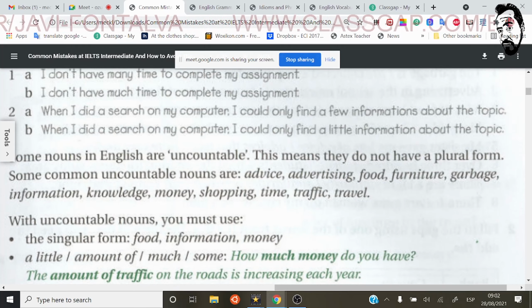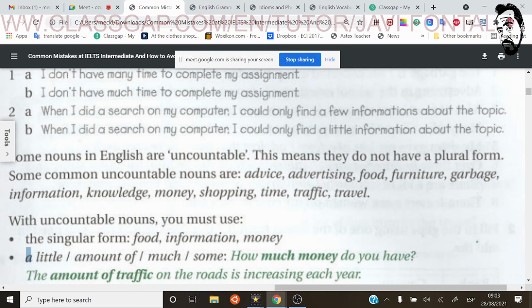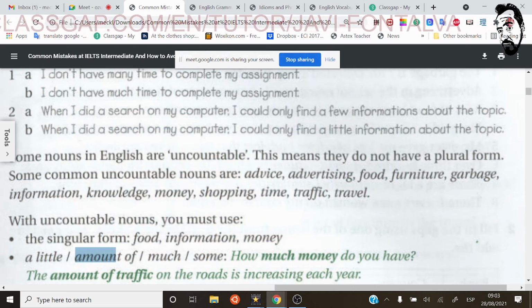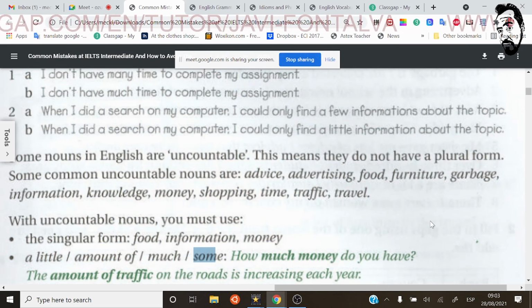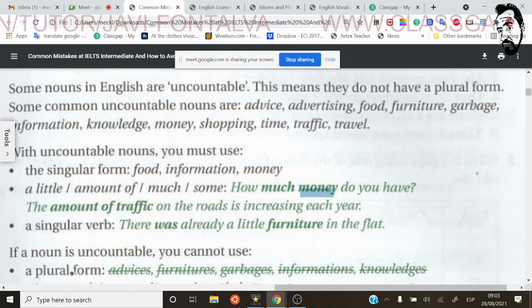Another thing that happens with these nouns is that you cannot say many or a. You have to say, for example, a little, an amount of, much, some, yeah? So for example, when you talk about money, you're gonna say, how much money do you have?